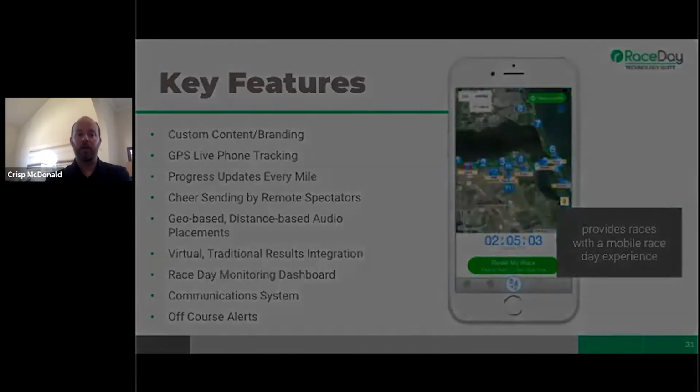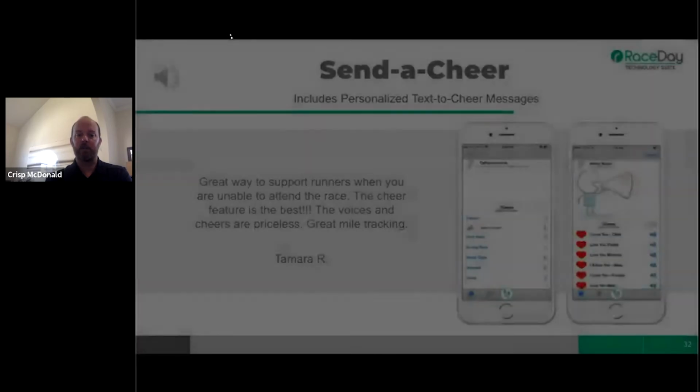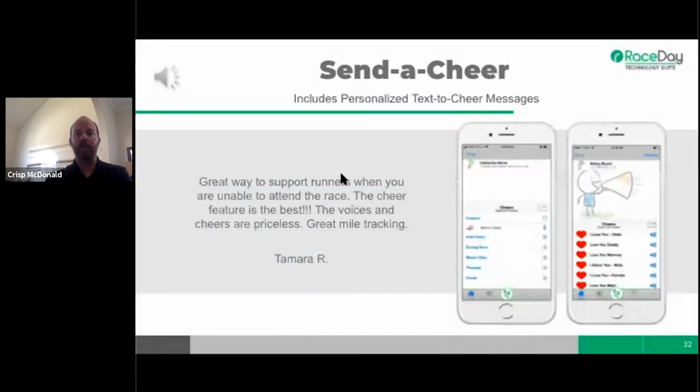So going again, the send a cheer function, it's a great way of engaging people outside of the race. So the biggest thing that's missing is the large crowds, right? Well, the reason why people love running races is because their friends or family are on the side of the road cheering them on.